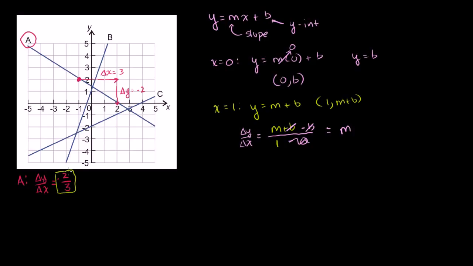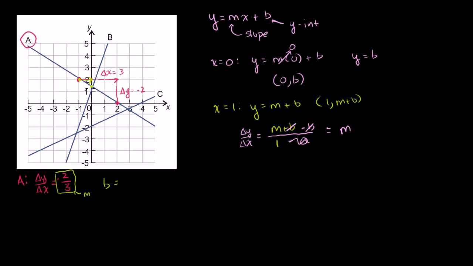Now we have to figure out the y-intercept. So that right there is our m. Now what is our b, our y-intercept? Well, where does this intersect the y-axis? Well, we already said the slope is negative 2/3, so when we go over by 1 to the right, we would have gone down by 2/3.